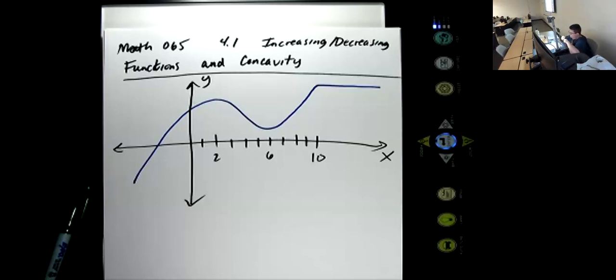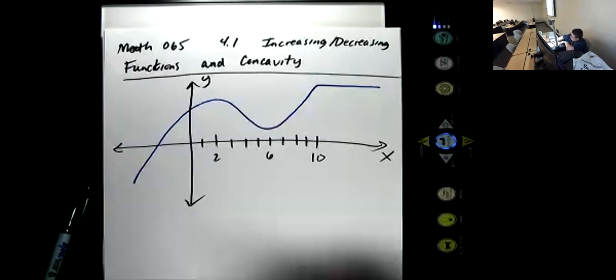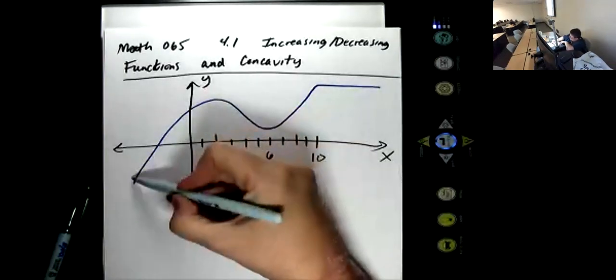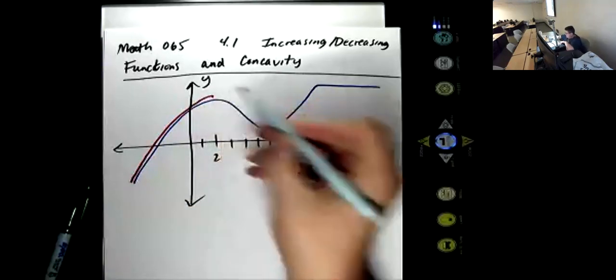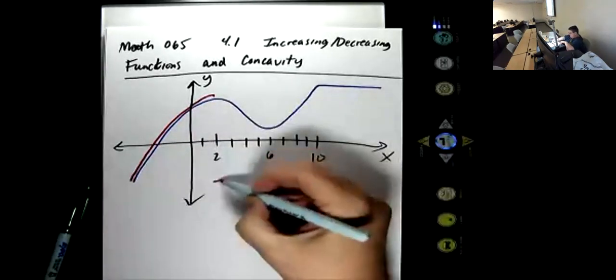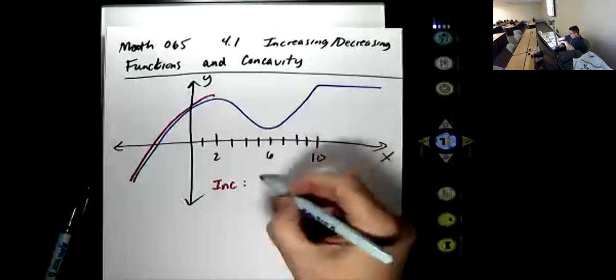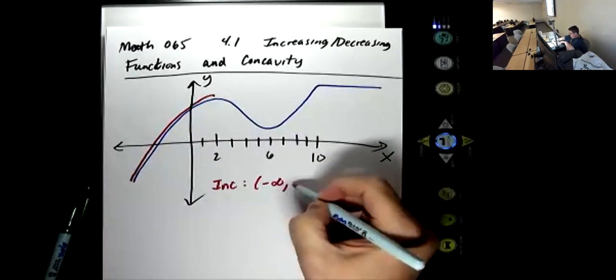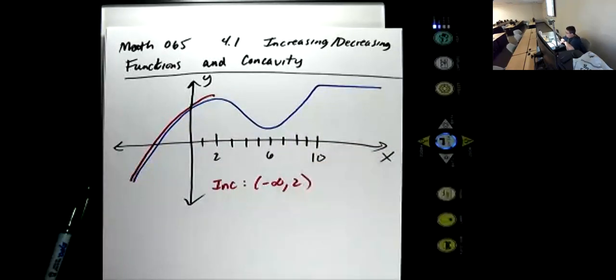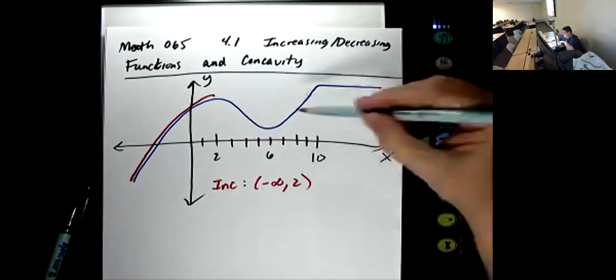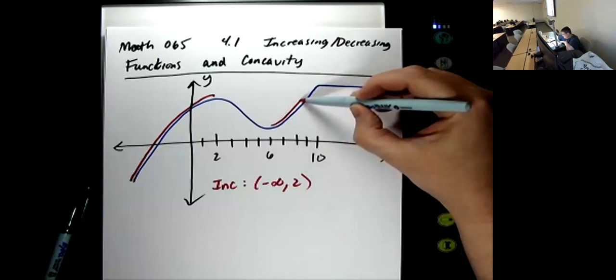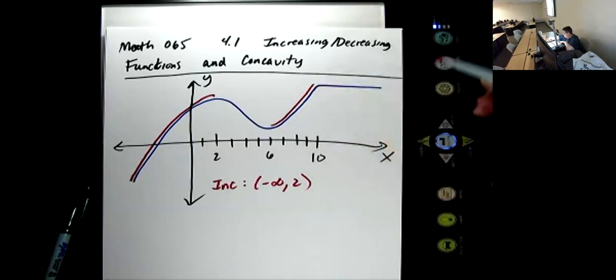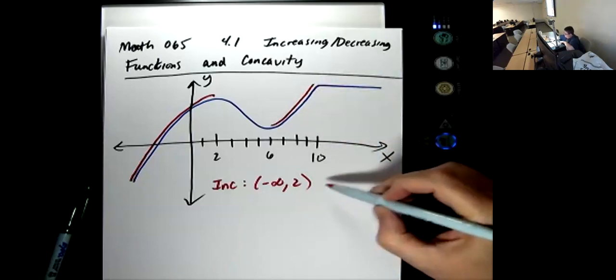All right. So if we're looking at regions of increasing, it looks like it's increasing all along this path. And so we could say it's increasing from negative infinity to 2, and then along here as well, from 6 to 10.